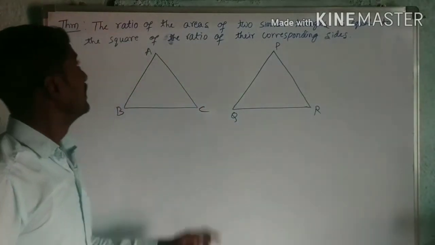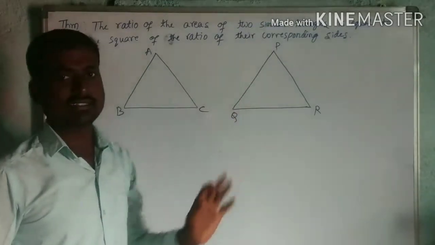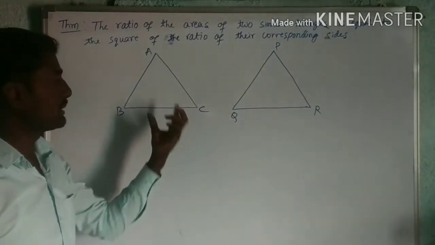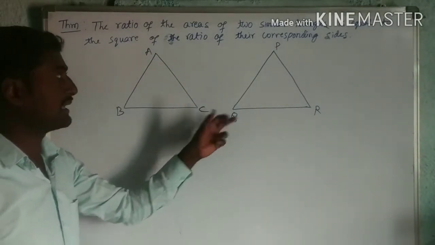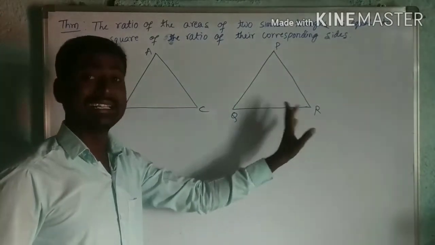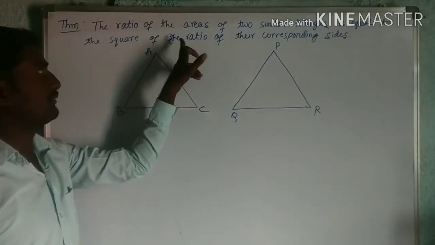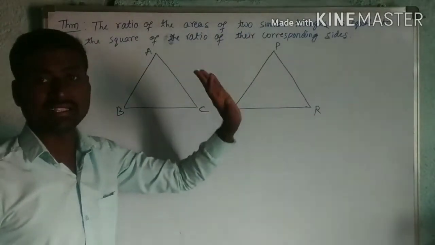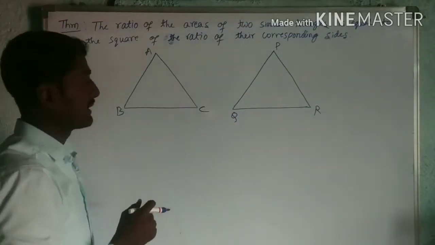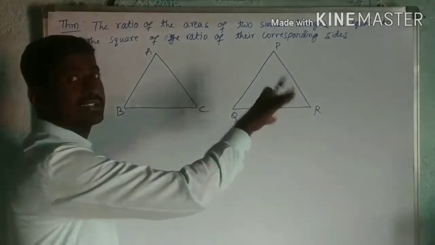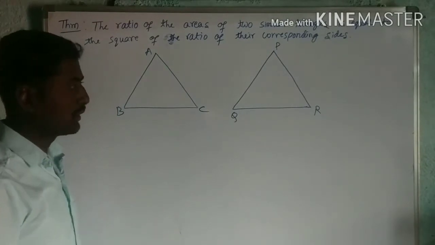Now see here, the ratio of areas of two similar triangles, that is, area of triangle ABC divided by area of triangle PQR is equal to the square of the ratio of their corresponding sides, means AB divided by PQ whole square, BC divided by QR square, AC divided by PR whole square, like this. Okay, we have to prove this.